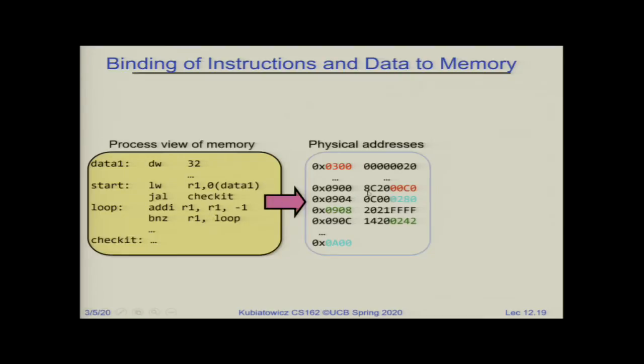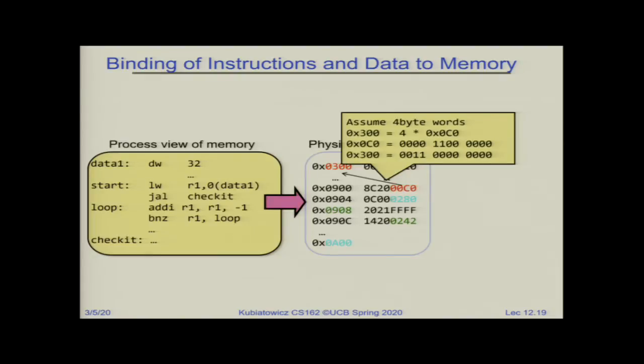What's interesting is that this load word says I want to load from 0 offset from this array in memory. How does that look in binary? This instruction, 8C20, which is the load word, has to be supplemented with something that points at the memory where the array is, and that's why I've got it in red. That's part of what the compiler and linker do. Fortunately, you don't have to do that by hand because it's a painful process.